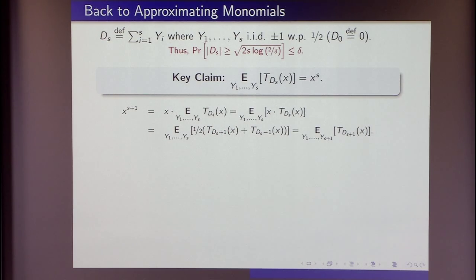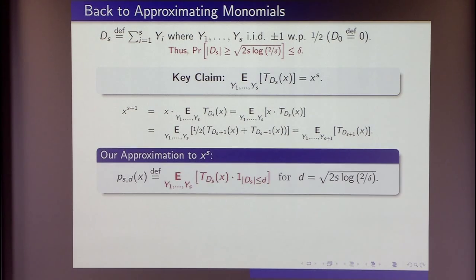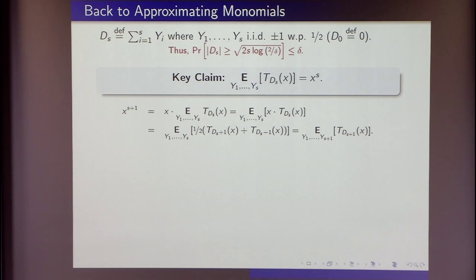But that is exactly the definition of T_{D_{s+1}}, where you have chosen one more random variable. Okay, inequalities are always simple, right? So it's inequalities where we have to worry about.